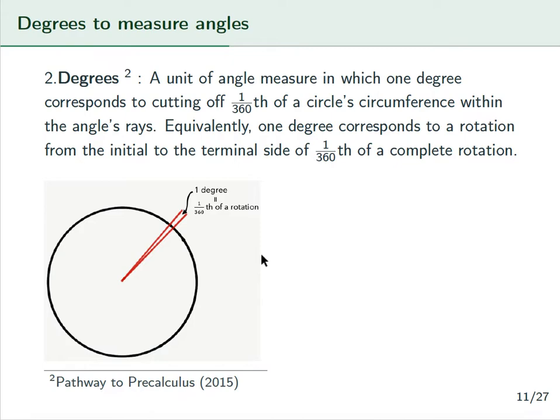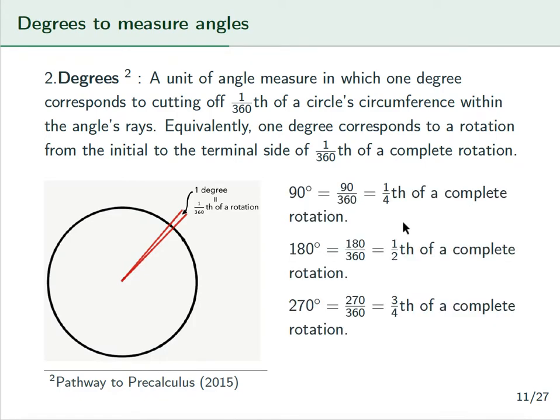So in degrees, what we as humans decide to do is cut the entire circle into 360 equal pieces or slices. One slice is 1 degree, and 1 degree represents 1/360th of a full rotation. So we decide to divide it into 360 slices.